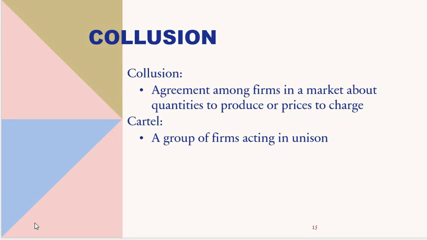In history, we have the crude oil cartel, and we have many other cartels in different industries in different countries. That's when a group of firms who are producing similar products, who are in the same industry, decide to act in unison. In that sense, they are pretty much just acting like a monopoly.